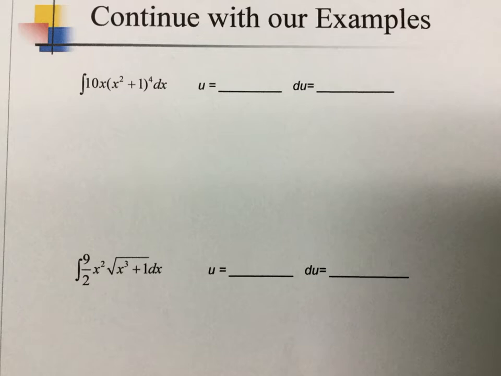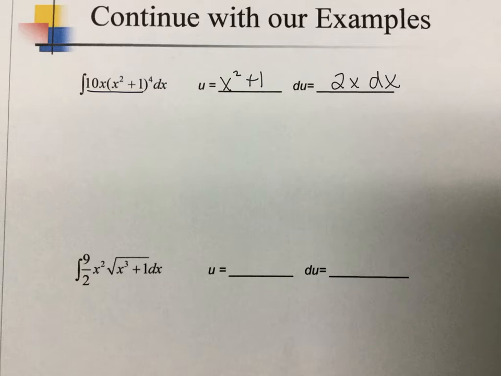So let's begin. In this one, we're continuing with our same examples, and then we'll mix in new ones. We've already talked about this one: our u is x squared plus 1, and our du is 2x dx. So when I look at my integral, I ask: do I have my u in there?